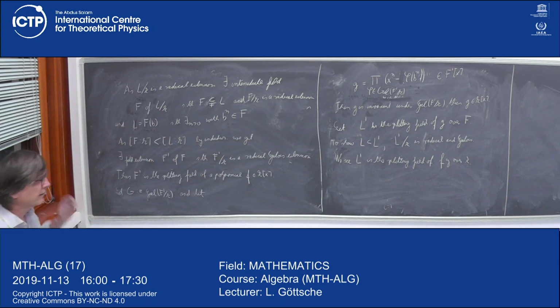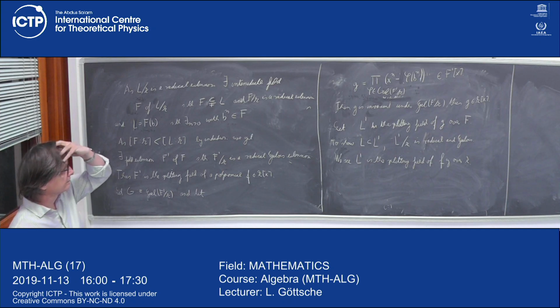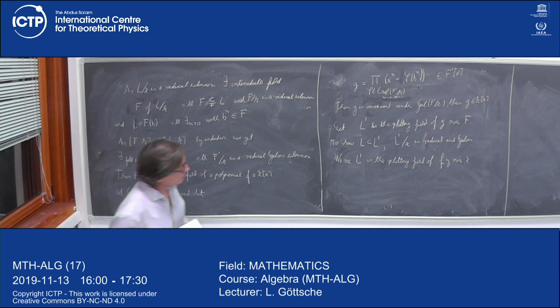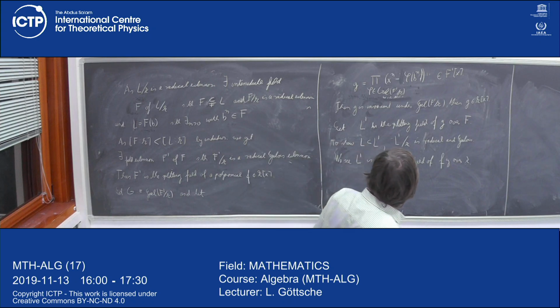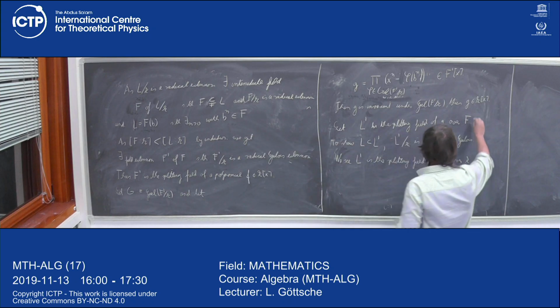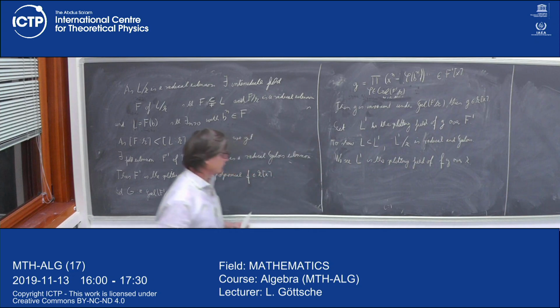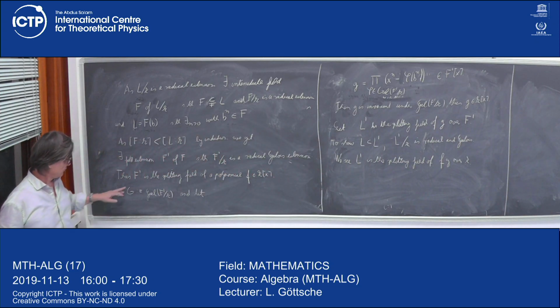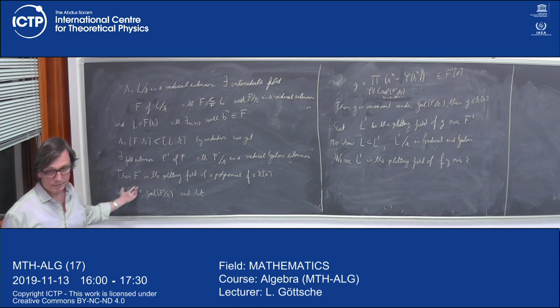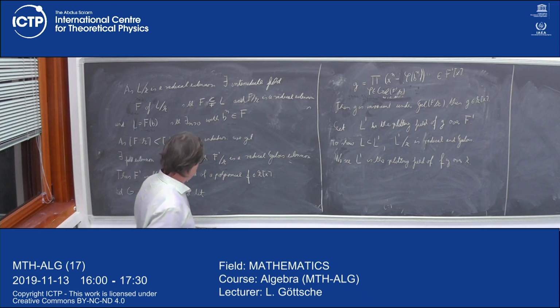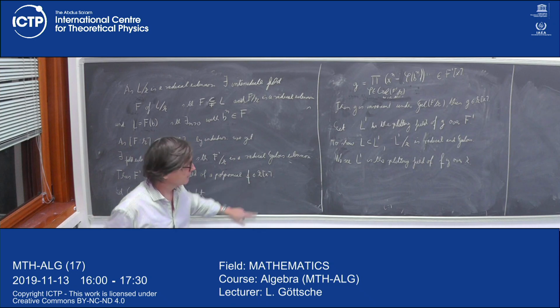So we have that f prime, so I could also put f prime. So we have that this is the splitting field of this f. It's a polynomial in kx.